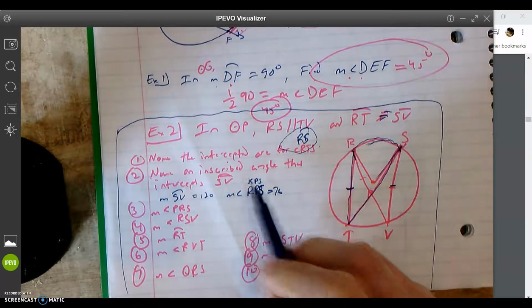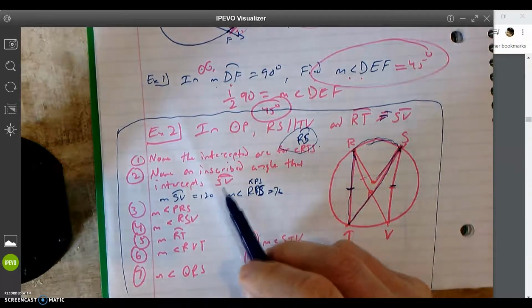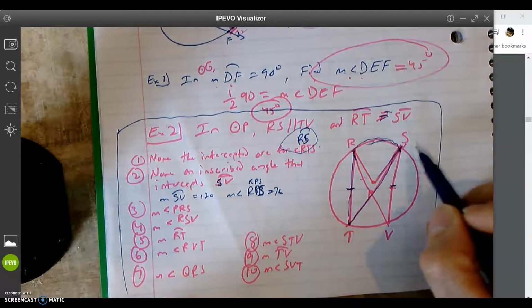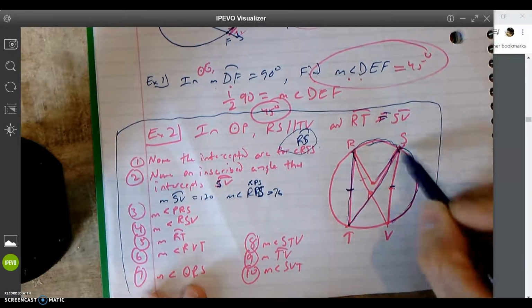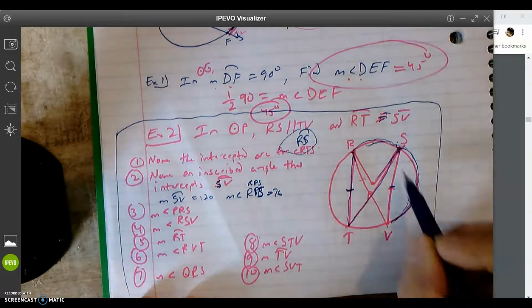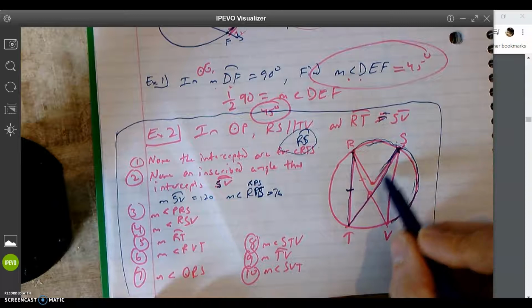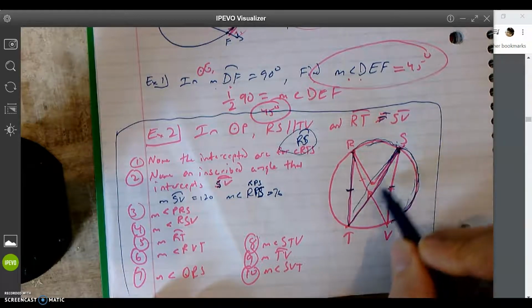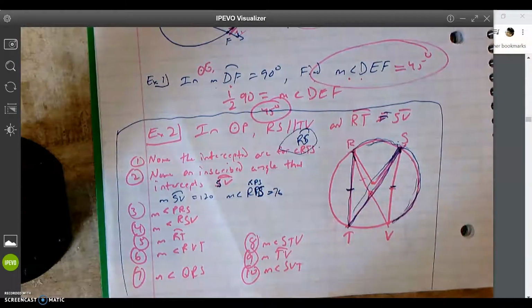2. Name an inscribed angle that intercepts arc SV. So here's arc SV. Where would be an angle that has that? Let's see. So we have S, T. Do we have V there? Let's see.